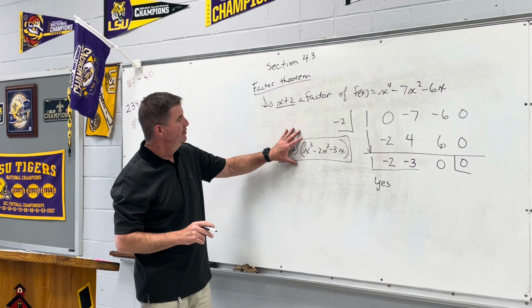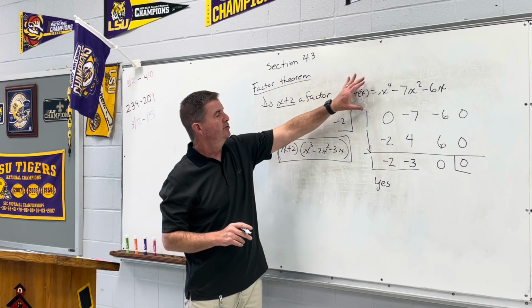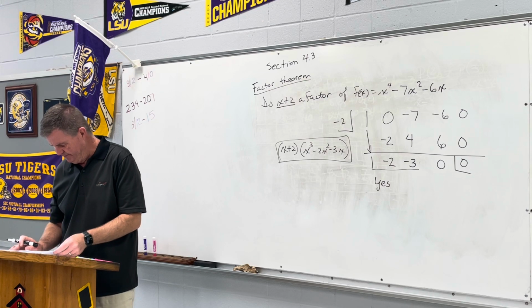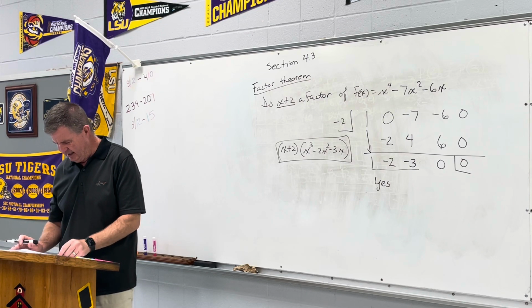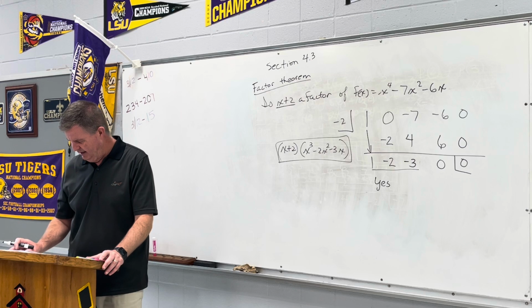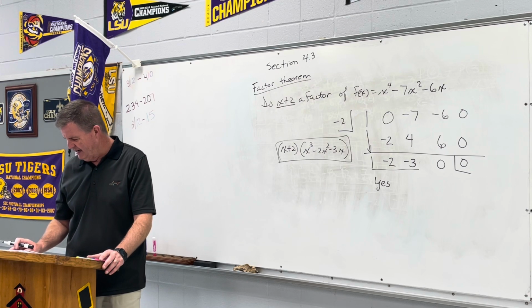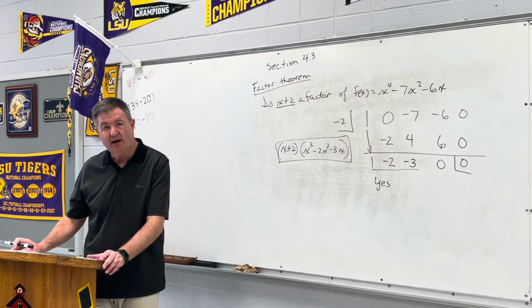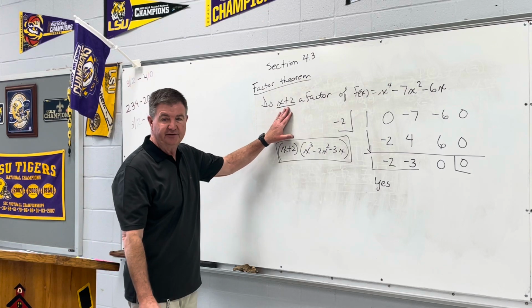This is what we're going to do in order to solve an equation, and that's what's coming next. If I have a polynomial, they want us to completely solve it if they give us a factor.